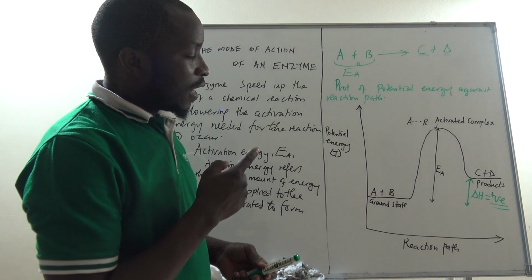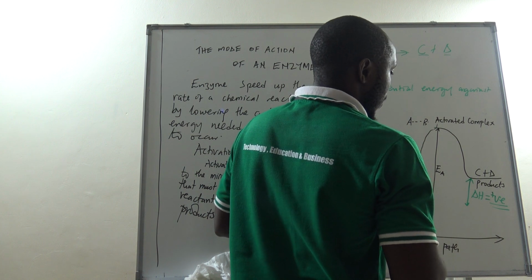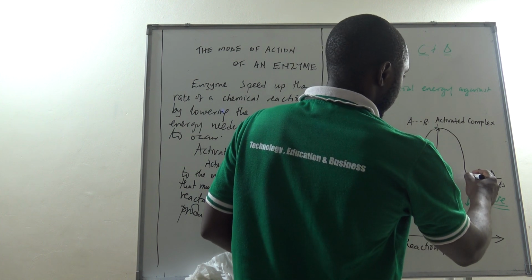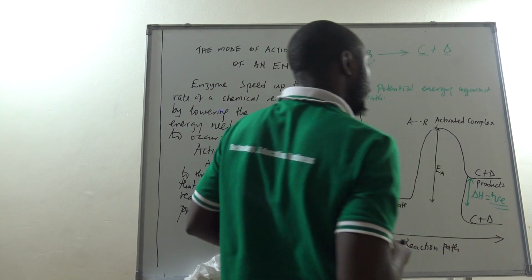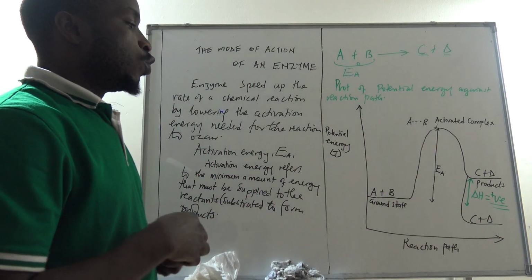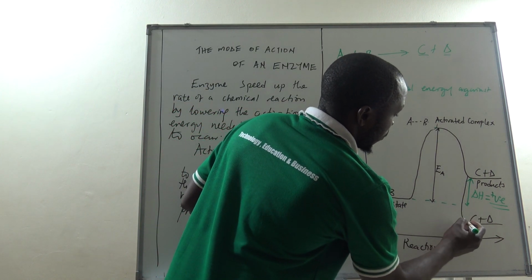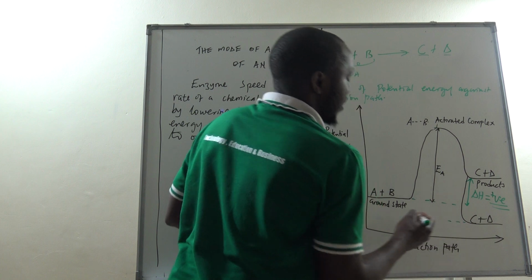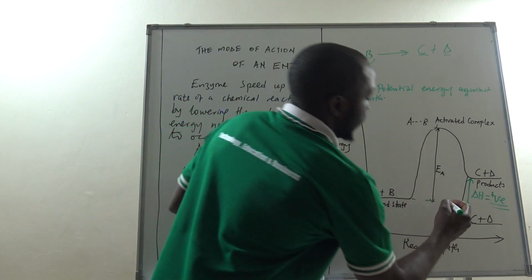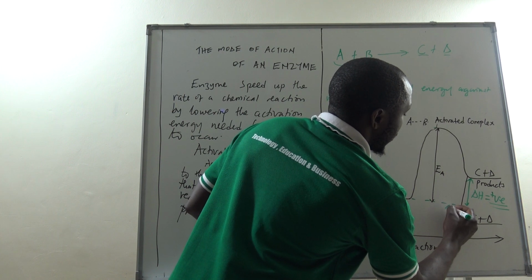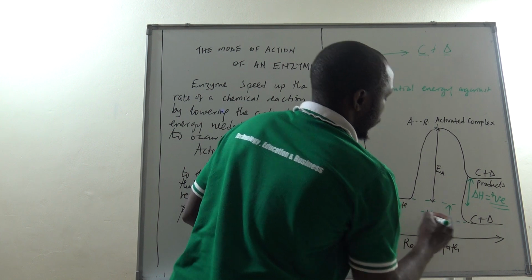If we continue further and the products are formed, let's say to that level, it would mean the initial energy that we supplied plus the energy that is given off, there is a difference in energy which is negative.